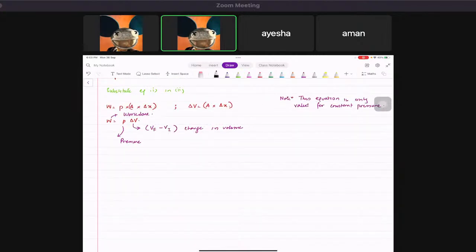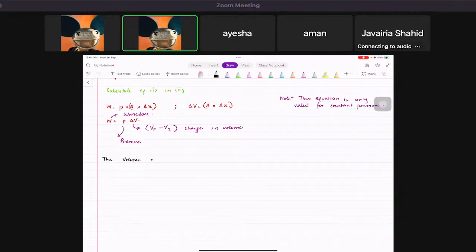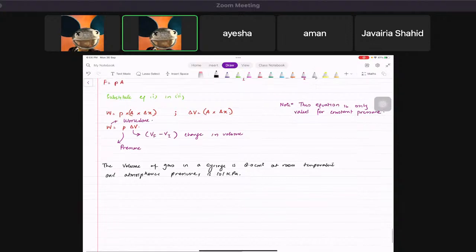The question says: the volume of gas in a syringe is 2.0 centimeter cube at room temperature, and atmospheric pressure is 1.101 kilopascals.